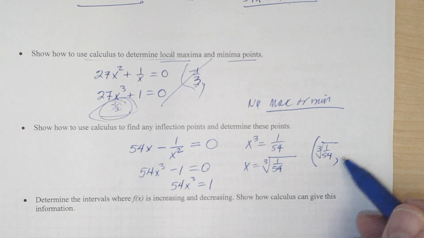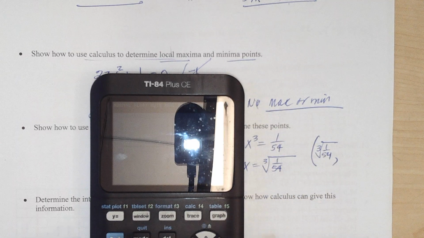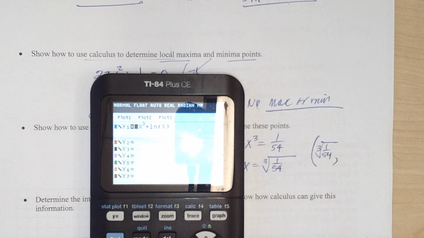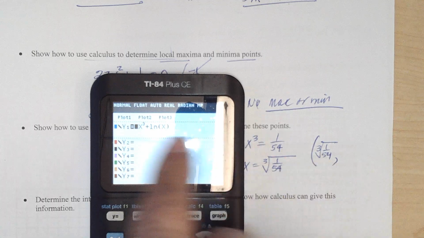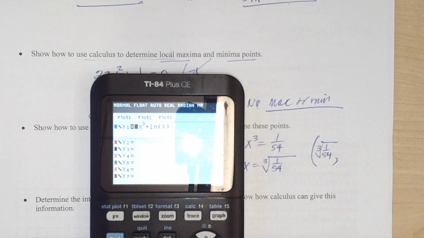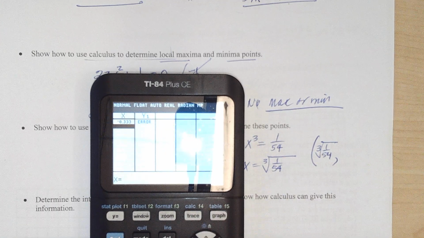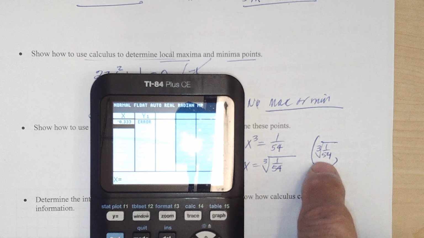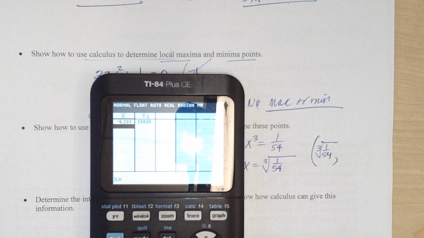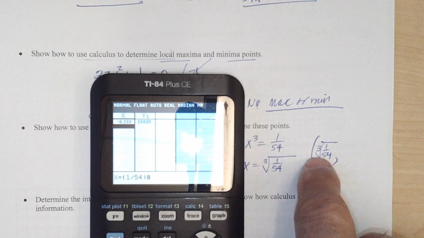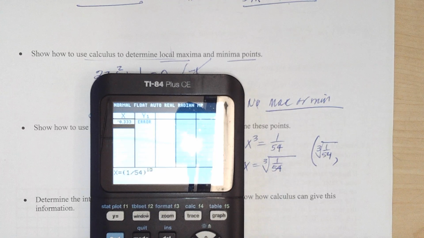And if I want the rest of the point, I got to put that into my original equation. That's here, and that is a positive value, so I can find it. There will be an inflection point. Table, plug in parenthesis 1 divided by 54. Cube root is to the 1 divided by 3 power, 1/3 power.